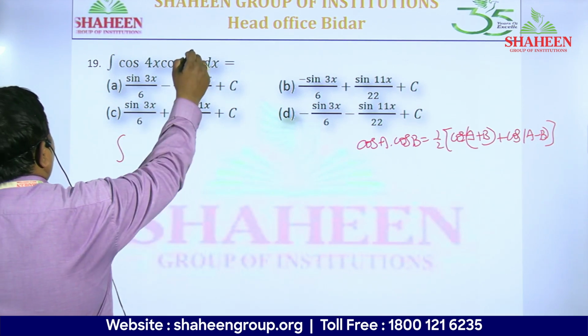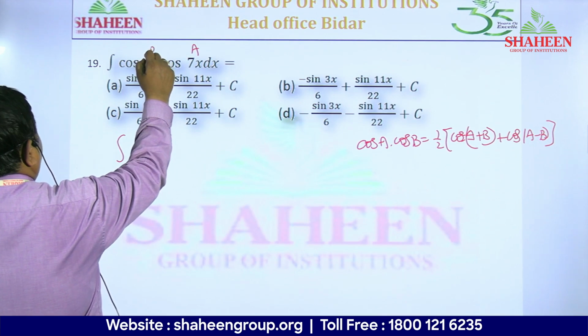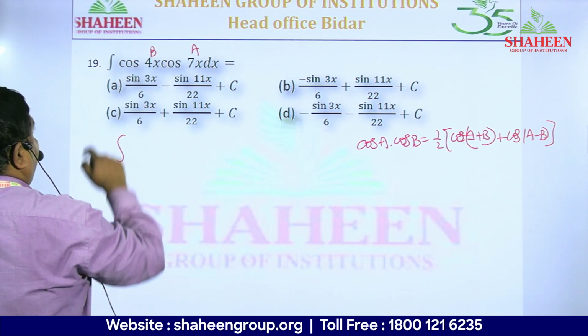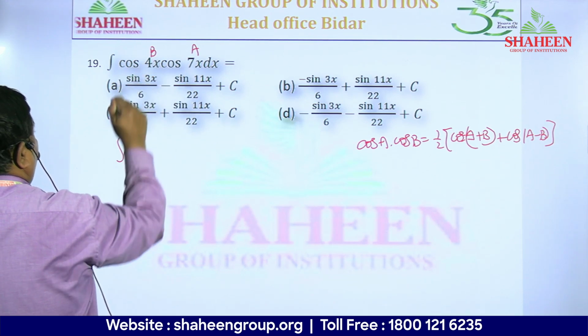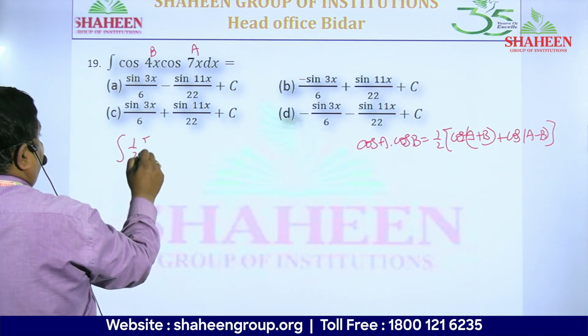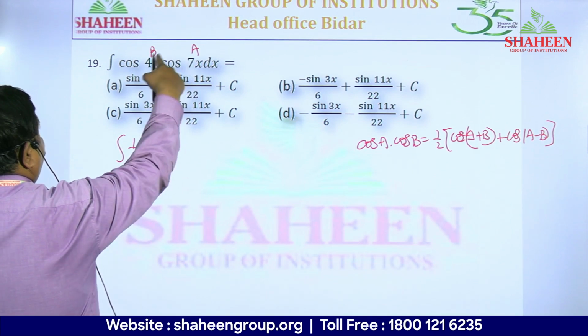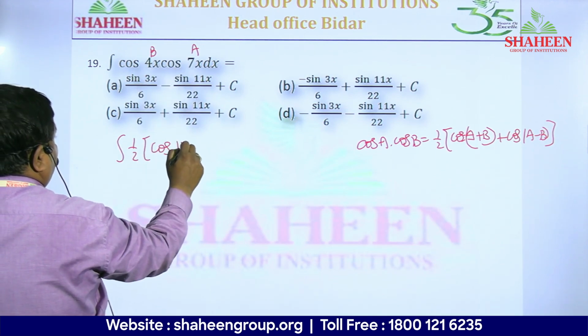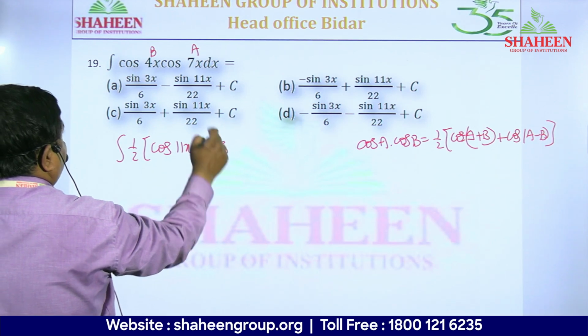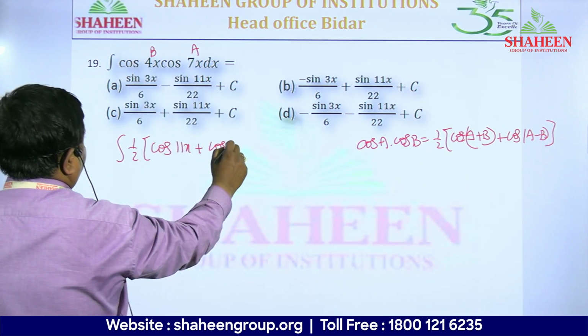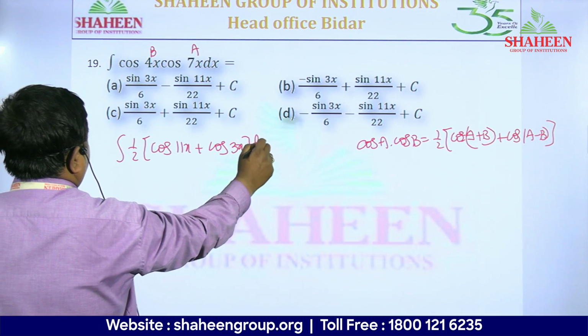So I am taking 7x as A, 4x as B. Then cos 7x into cos 4x can be written as 1 by 2 into (cos 11x plus cos 3x) dx.